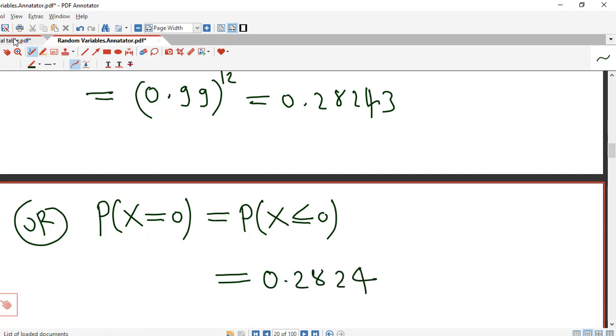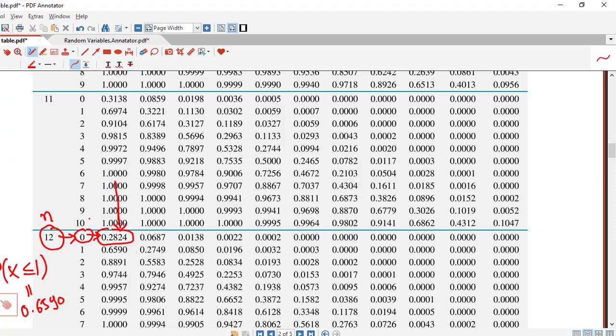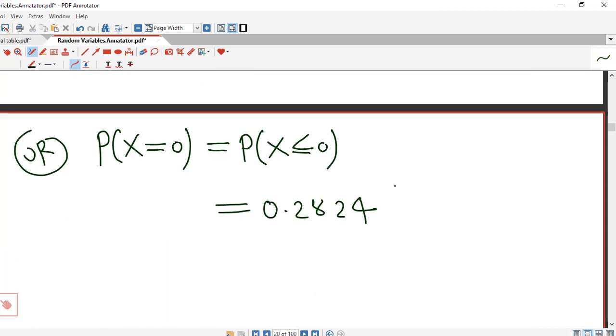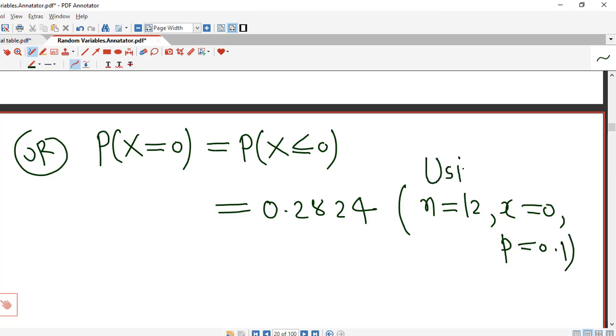We have already seen this: for n equal to 12, x equal to 0, and p equal to 0.1, we have 0.2824. So here we can write using the binomial table.